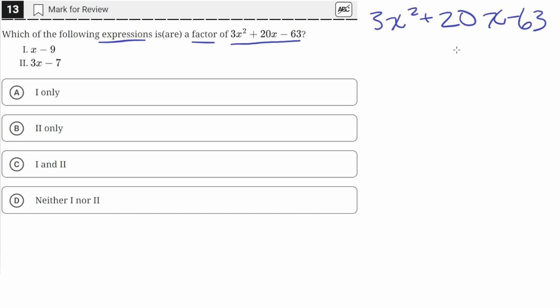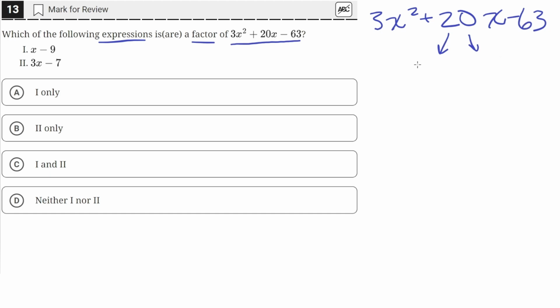So to factor this by grouping, what we need to do is split this 20 into two separate terms that when added together equal 20, so that keeps the expression the same, but when multiplied equal 3 times negative 63.